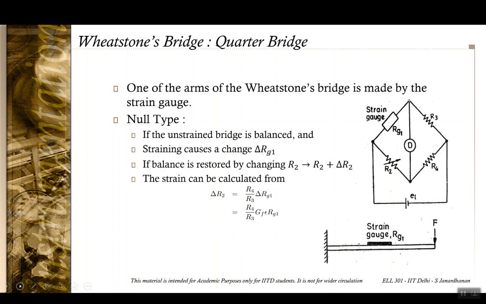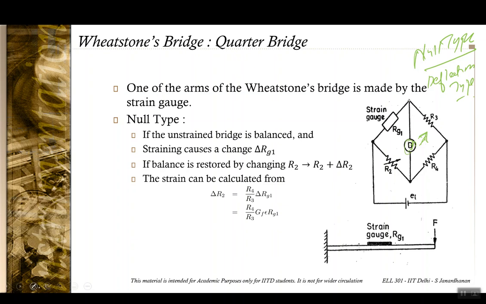You can either balance the circuit after the strain gauge is strained, or you can use the detector as a galvanometer, measure the deflection, and compute the strain from the amount of deflection. So you either have a null type bridge or a deflection type bridge. Let's look at both of them.